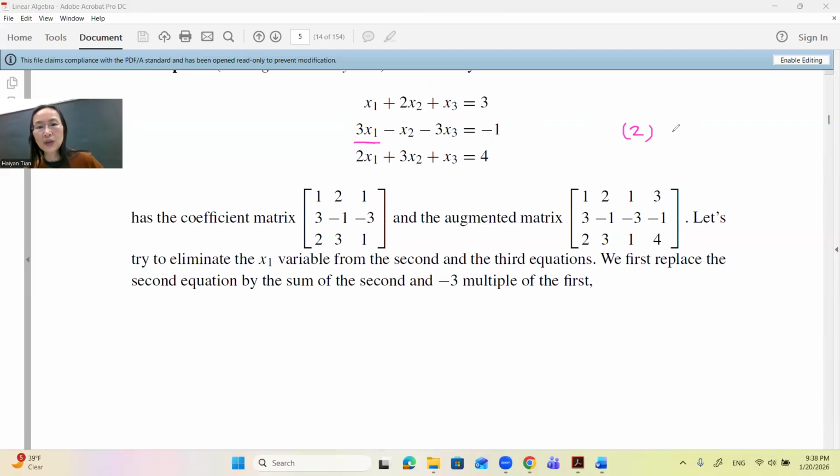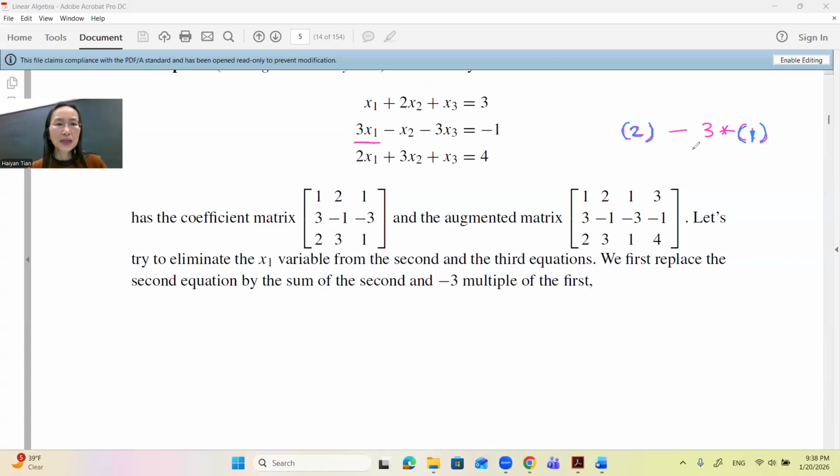The old second equation minus 3 times the first equation. Notice that when I use a parenthesis, it means the equation number. Equation number 2, equation number 1, I use parenthesis. The 3 means just a number.